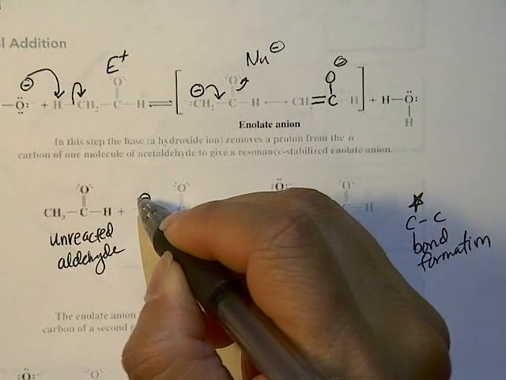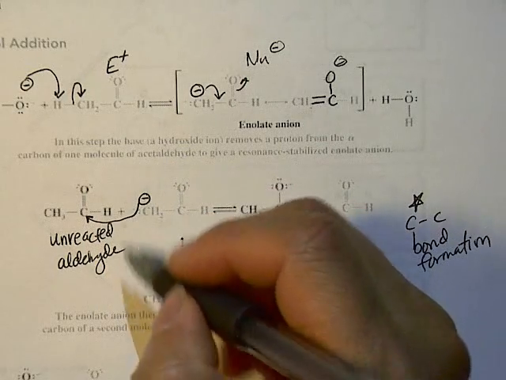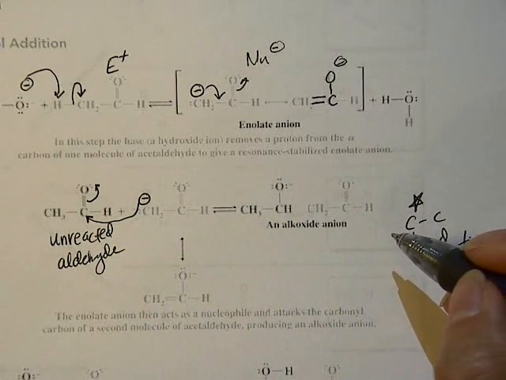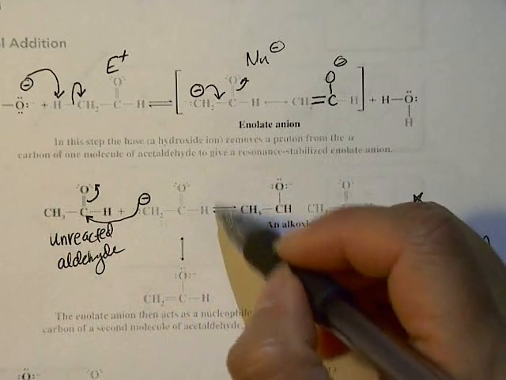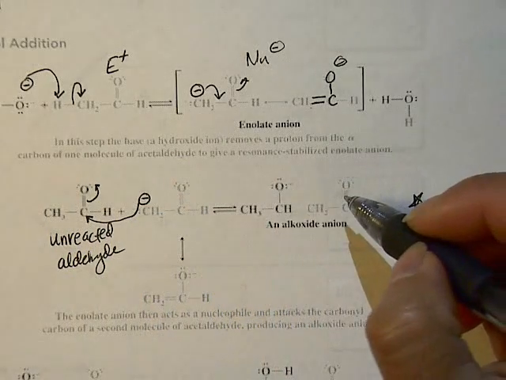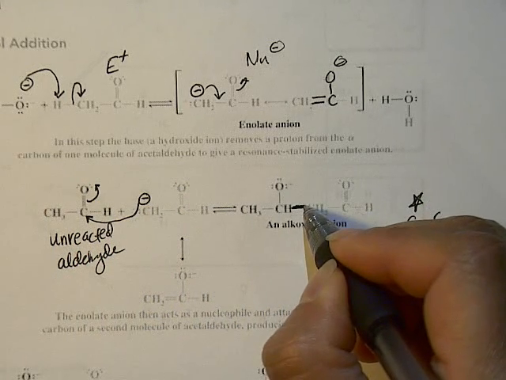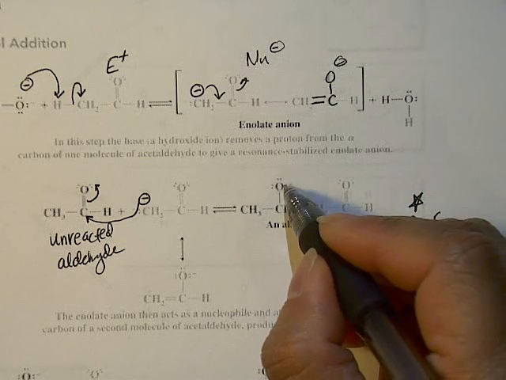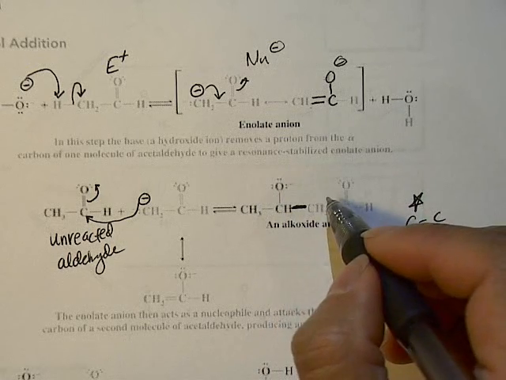It's going to go and attack the electrophilic center, which is the carbon of the carbonyl, and break open the C double bond O. You've seen this chemistry in unit 2 and 3. It's just that here the nucleophile is going to be the enolate. So then what happens is you're going to form a carbon-carbon bond. So make sure you draw a dash between these two carbons, and then you have an alkoxide anion present.